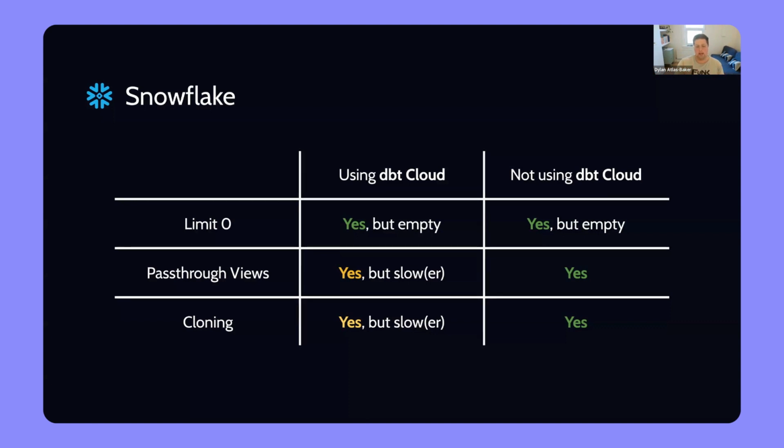Lots of people still do it. It still historically was going to be reasonably performant, but it was slower than what it might be if you're not using dbt cloud. That's the exact same on BigQuery. Historically, you could do all of this with the same limitations. There was just a speed component that meant that you were managing these macros and that they wouldn't necessarily run as fast as you might want them to.